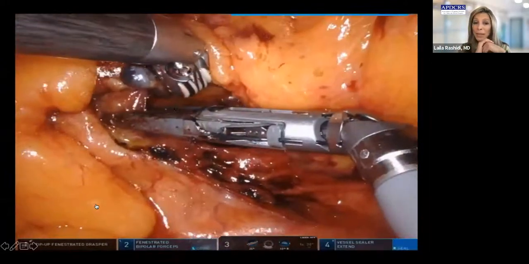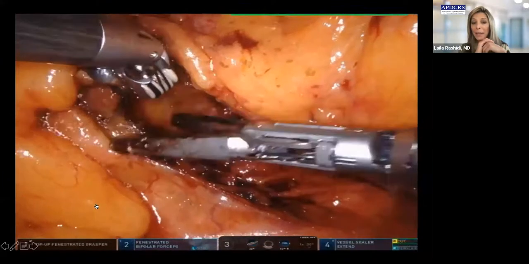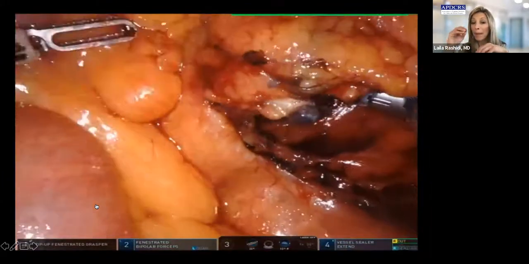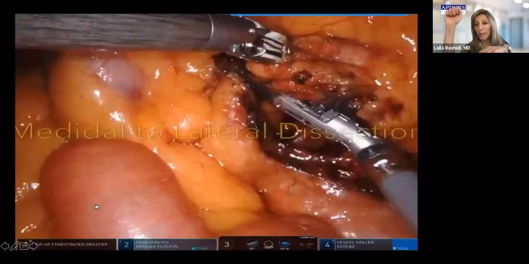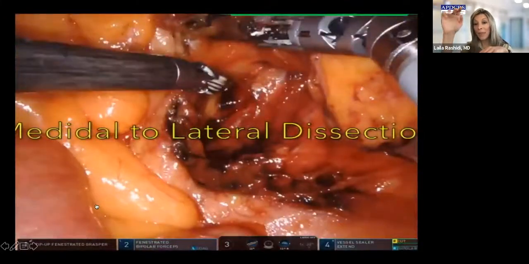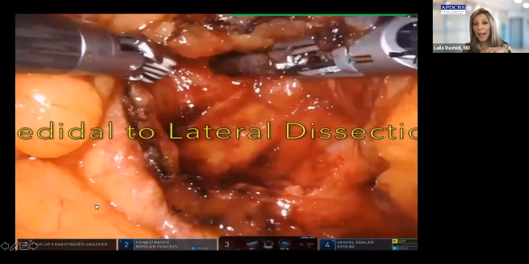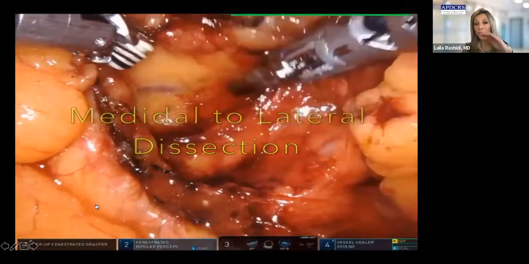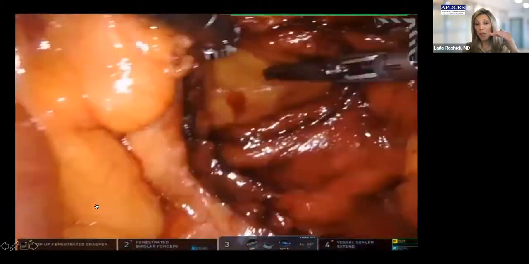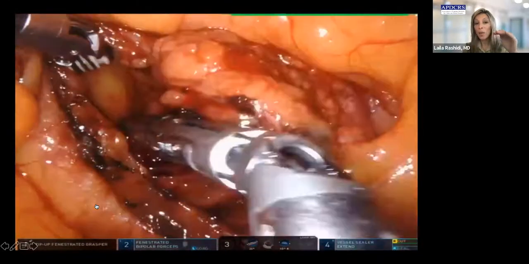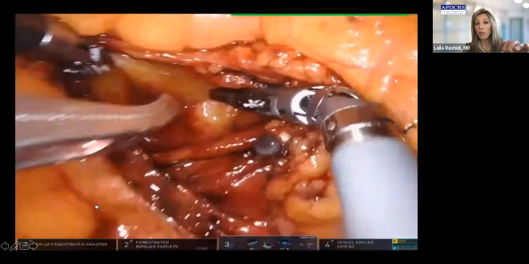So after you have dissected your IMA, right now my tip up, my non-dominant arm, is holding the colon upwards toward the abdominal wall and toward the head of the patient. So now that we have gone to that aspect, I'm going to bring my other non-dominant arm, my tip up, where you see my bipolar is helping.